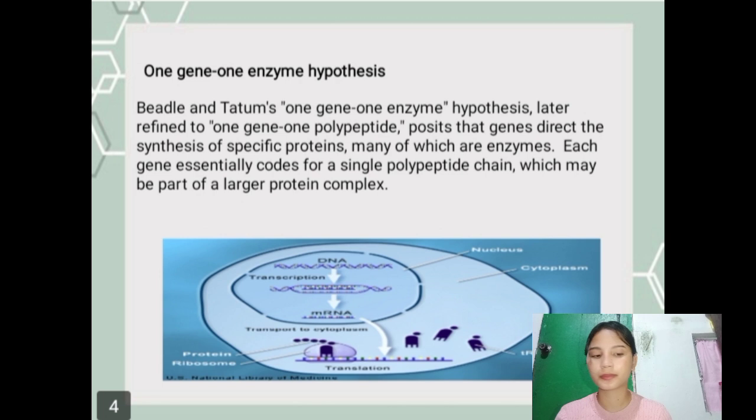The ribosome links these amino acids together to form the polypeptide chain, which folds into a specific three-dimensional structure, forming a functional protein, often an enzyme. Therefore, the gene's sequence directly determines the amino acid sequence and consequently the structure and function of the resulting protein.